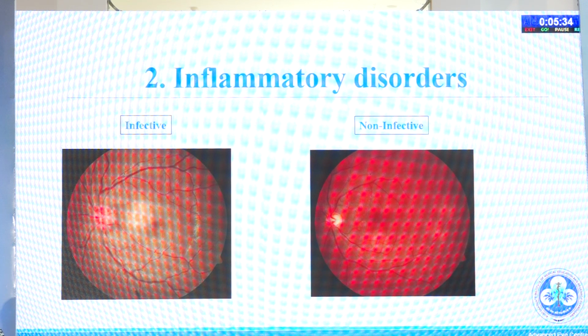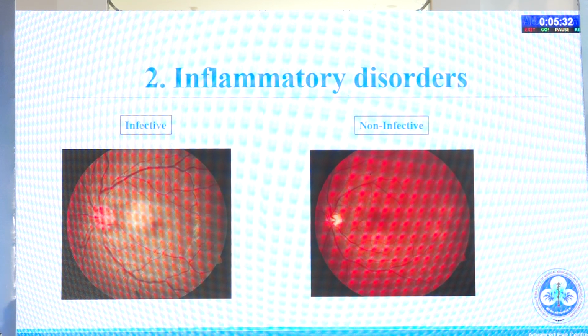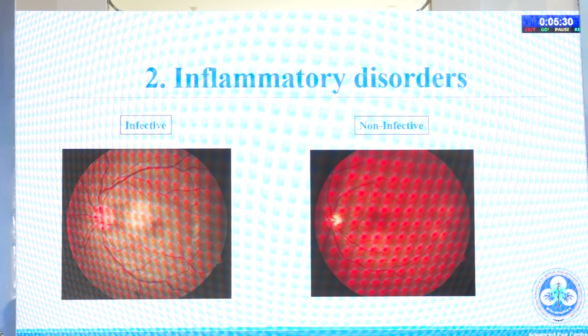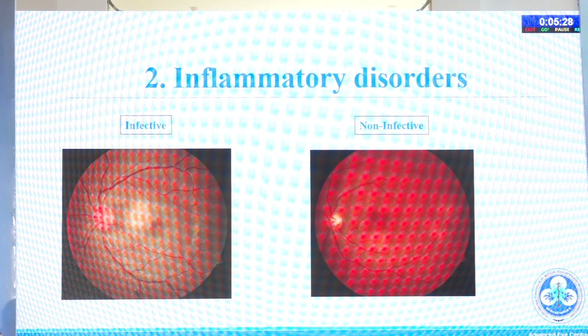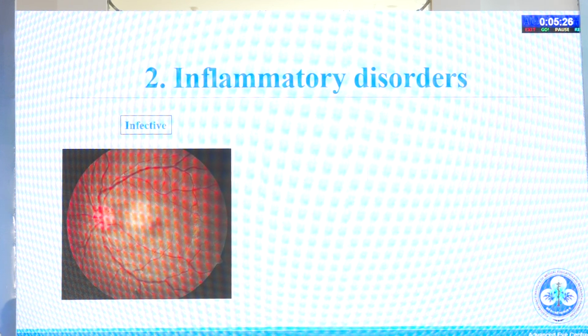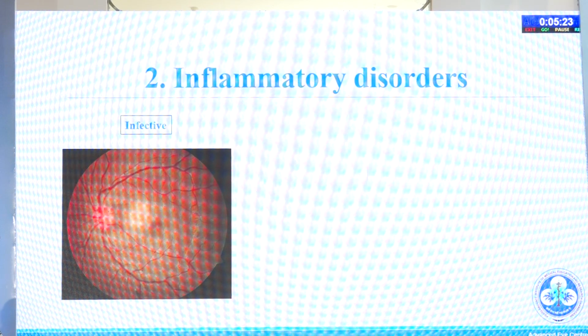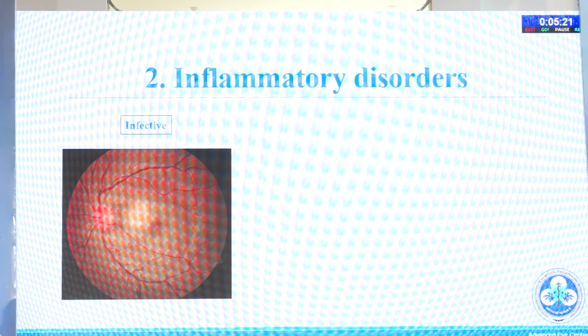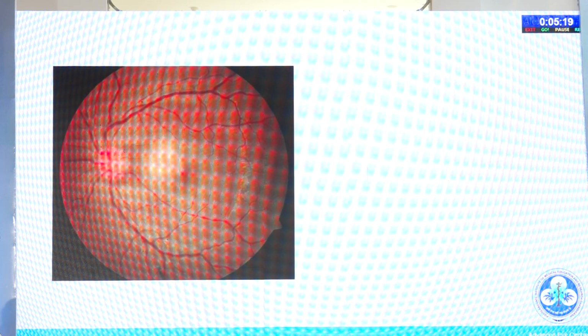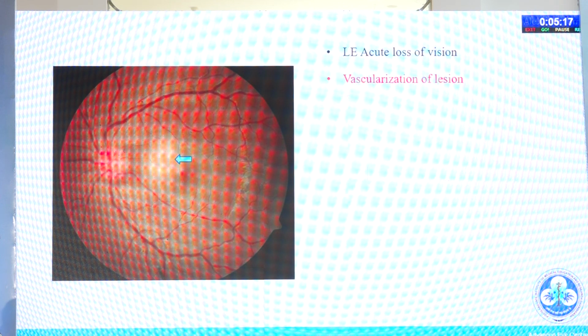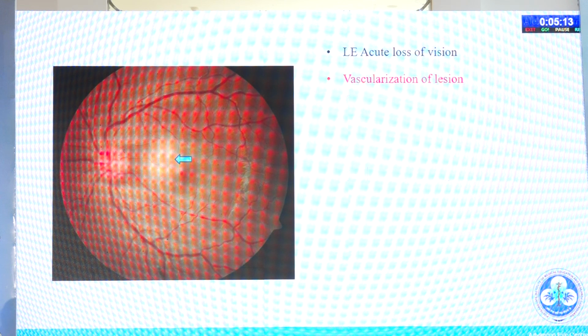Coming to the second etiology, which is inflammatory disorders. Now we have to be careful in ruling in an infective or a non-infective etiology. If you have a presentation like this, where you have a solitary lesion right at the posterior pole with a lot of exudation around it, and if you carefully see, there are vessels around or over the mass lesion.